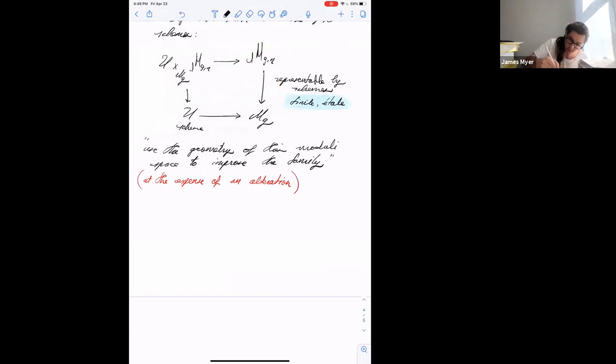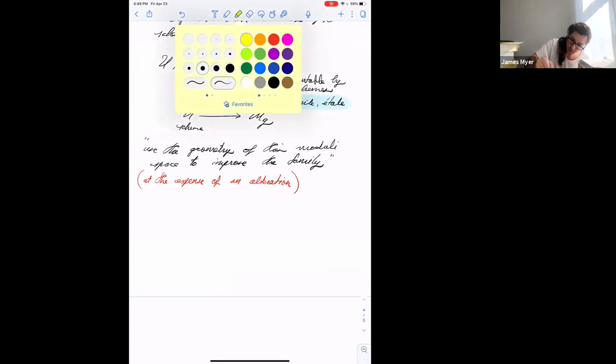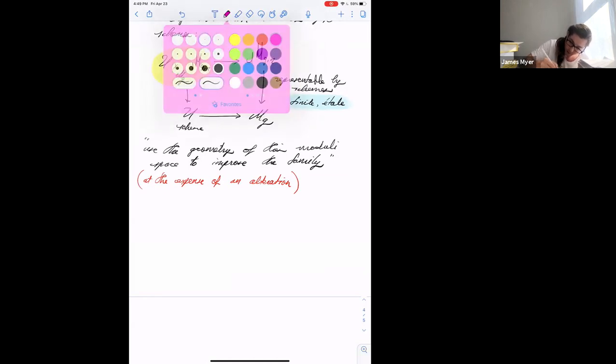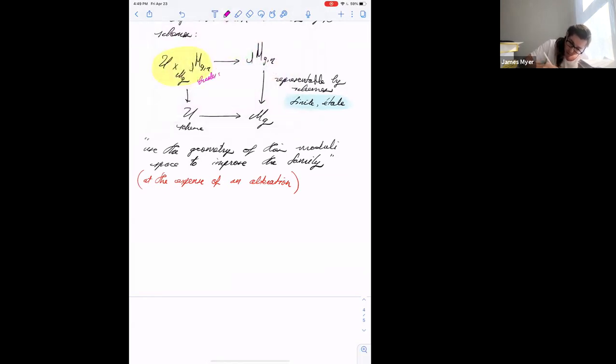So let me write. This breaks up into pieces. Think about it like if you fiber something, you might factor it into pieces in some sense. So it breaks up into some irreducible components.